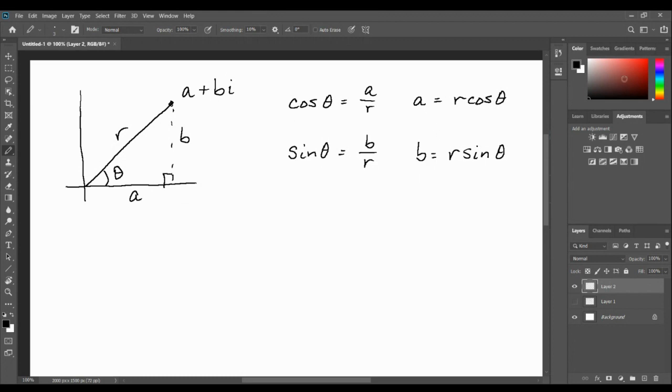And I'm going to take advantage of those relationships here to convert a complex number to trigonometric notation.